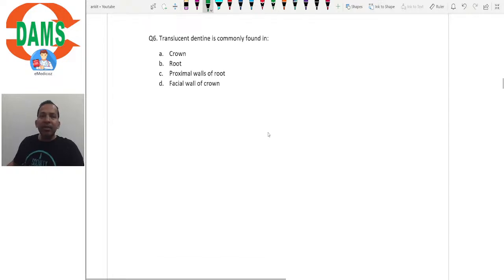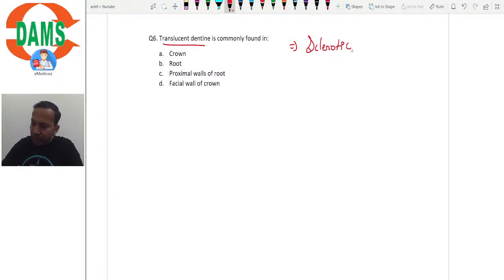Translucent dentin is commonly found in. So what is another name of translucent dentin? Translucent dentin is also known as sclerotic dentin, but there is a basic difference between these two terms.